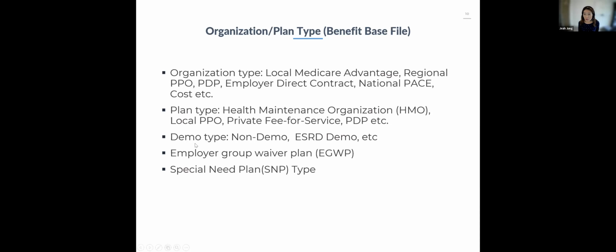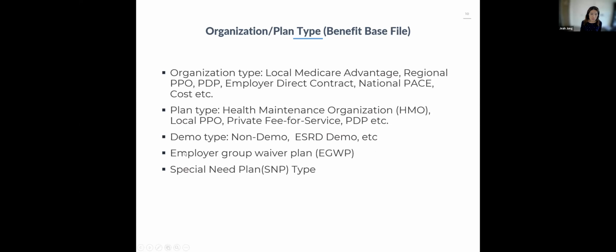Also there is a variable called demo type. Usually we use this to exclude any contracts that are demonstration projects offering demonstration coverage. Or if your interest is in the ESRD demo project, you could use this variable to select only those contracts or plans.